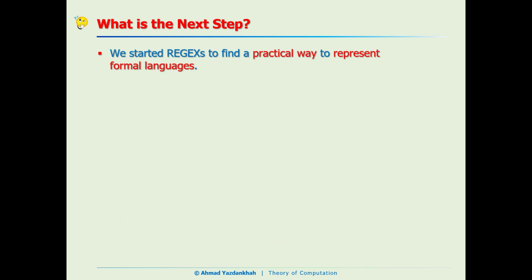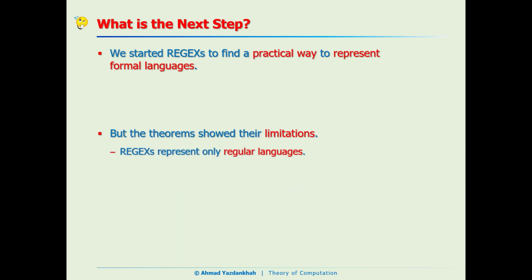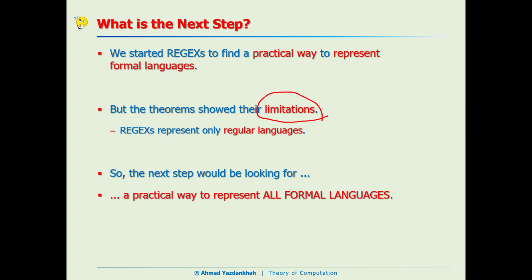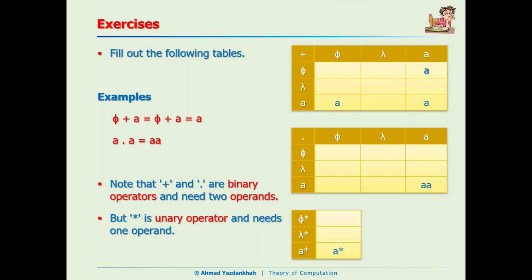Absolutely, we need to find another practical way to represent the non-regular languages. So now we know the limitation of the regexes. I put an exercise for you guys. I ask you to fill out these three tables to make sure that you understand the meaning of all of these operations.